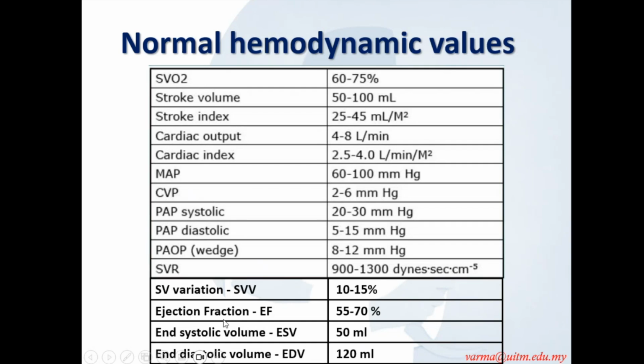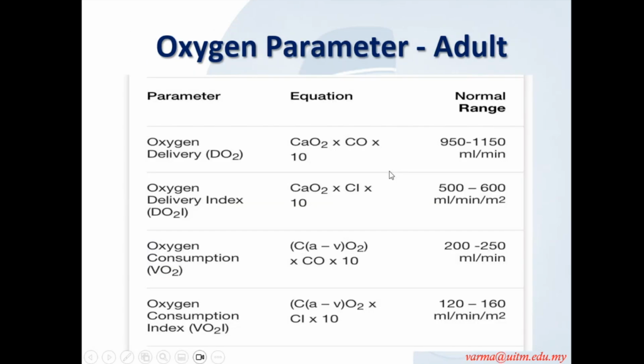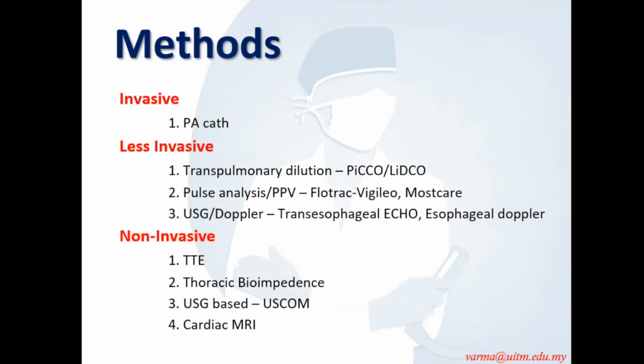Some of the more extensive ones have an inbuilt algorithm to give your ejection fraction as well. There are also derived parameters: when you put in your Hb and your PaO2, it can calculate your oxygen delivery values as well.